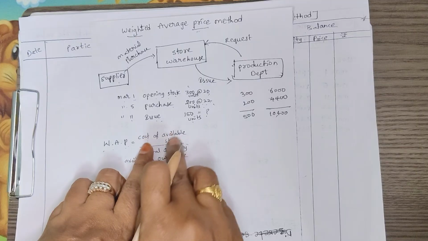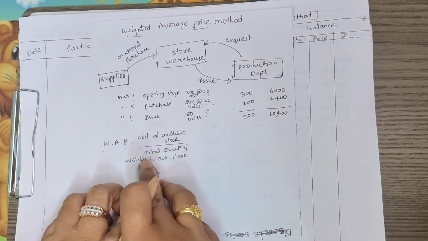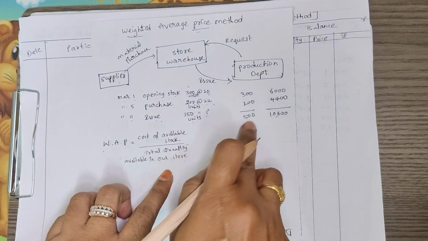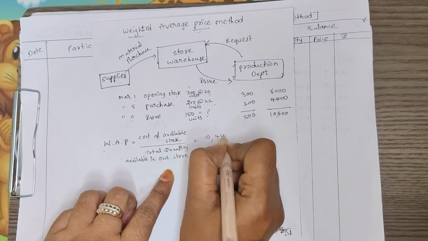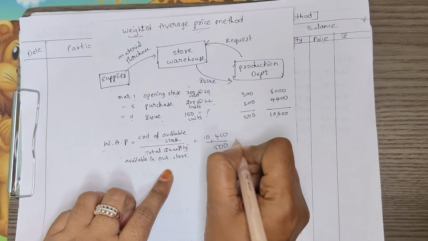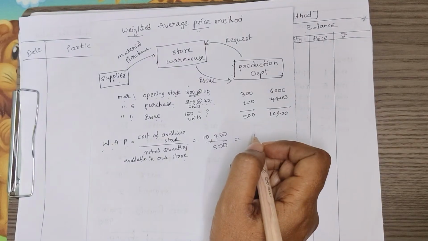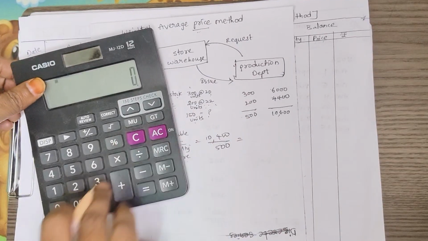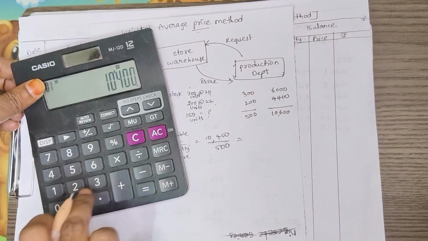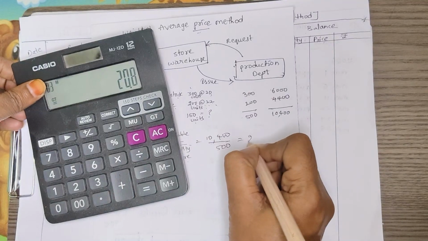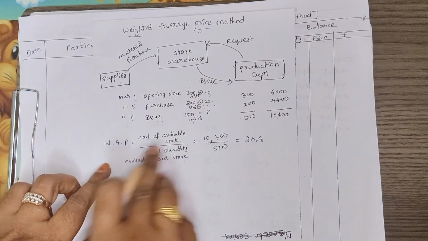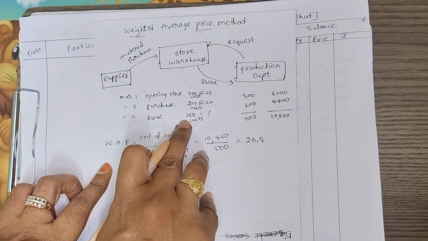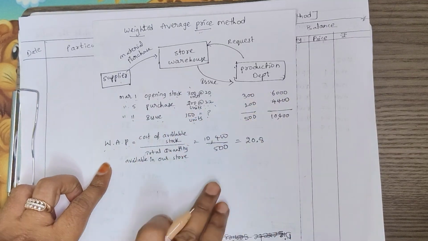That means cost of available stock is 10,400 and total quantity available in our store is 500 units. So 10,400 divided by 500. What is the value here? 20.8. So this 20.8 is the weighted average price. By using this price only, you need to issue these 150 units from our store to the production department.